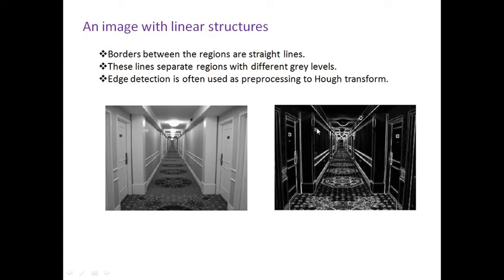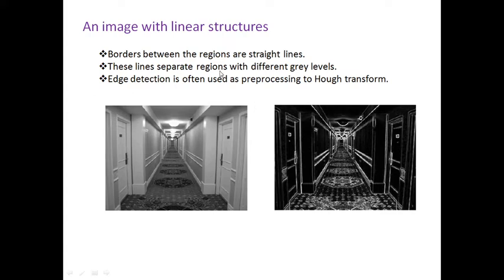Okay, let us have a discussion on this. I have here an image, and the borders between the regions are straight lines. So here I have a border, right? This is one region, this is one region, this is one region. So in this image I have different regions, and these different regions are separated by borders where we are using straight lines.